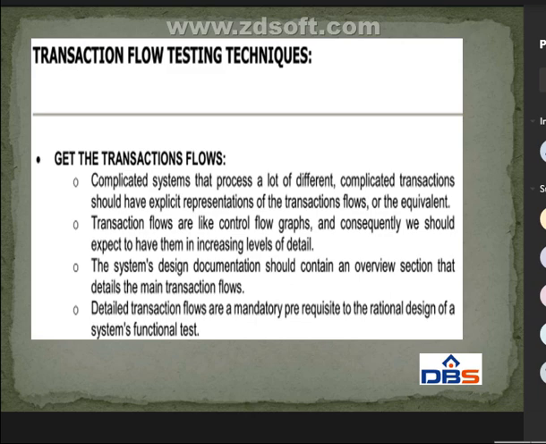But sometimes, from the point of view of complicated systems, it is a very difficult task to find the explicit representation of the transaction flows, or its equivalent. The system design document should have the explicit representations of the transaction flows or their equivalent.